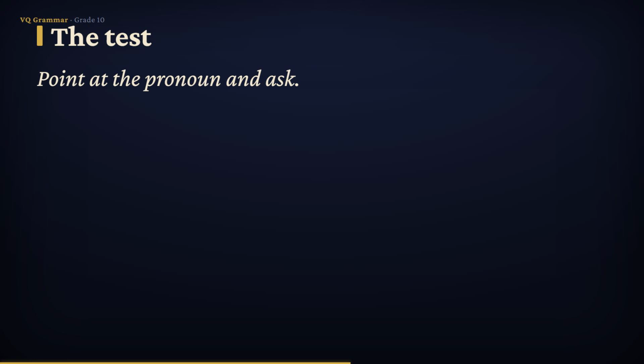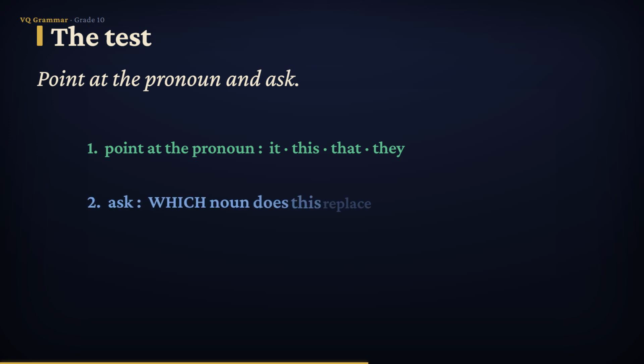Let's boil the whole lesson down to one test you can run on any sentence you write. Step 1. Put your finger on the pronoun. Every it, this, that, which, they, he, or she. Step 2. Ask the only question that matters. Exactly which noun does this word replace? Say that noun out loud. Step 3.